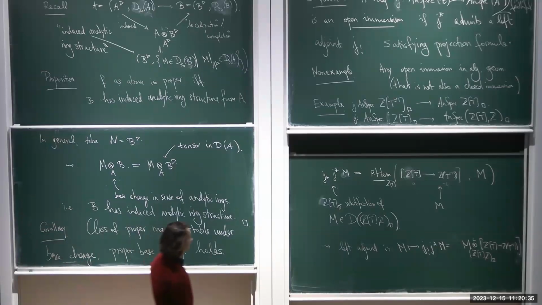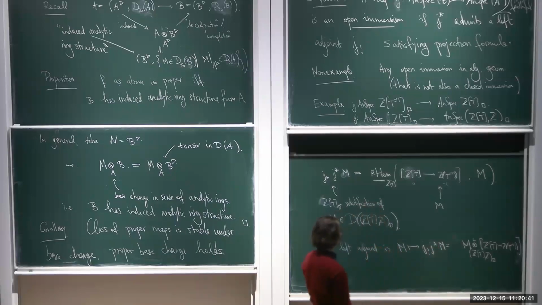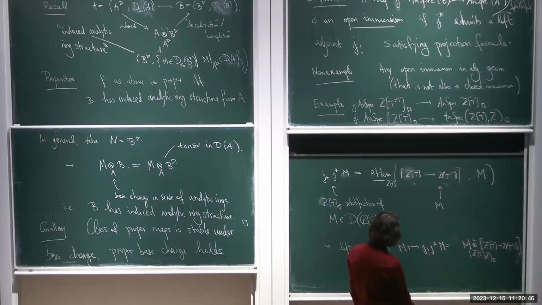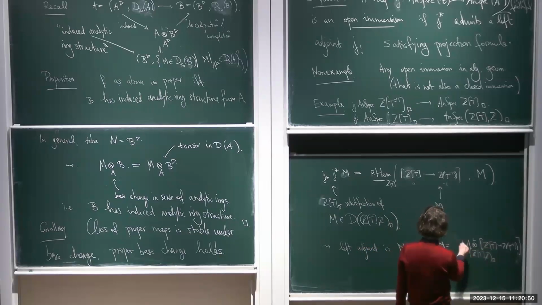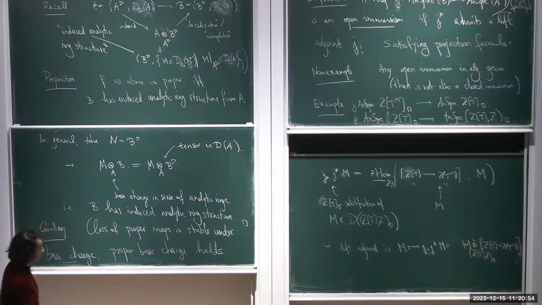And so this means that this left adjoint j lower shriek exists on the image of j upper star, but j upper star is essentially surjective, so it exists. It also says that this left adjoint is given by tensoring with some module, which is exactly what you need to check that it actually satisfies the projection formula.